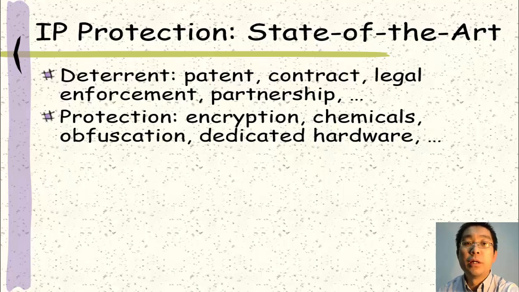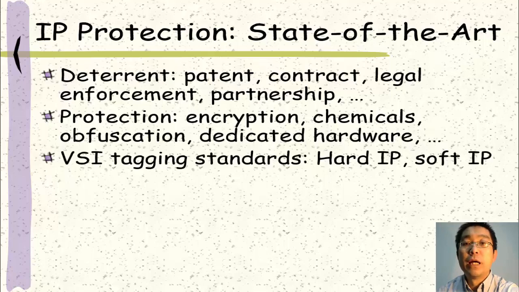In addition, industry organizations have been working on establishing standards for IP reuse and IP protection. For example, Virtual Socket Interface Alliance has published 2 tagging standards to protect hard IPs and soft IPs. Law enforcement is the only means to get back the revenue lost to IP piracy.